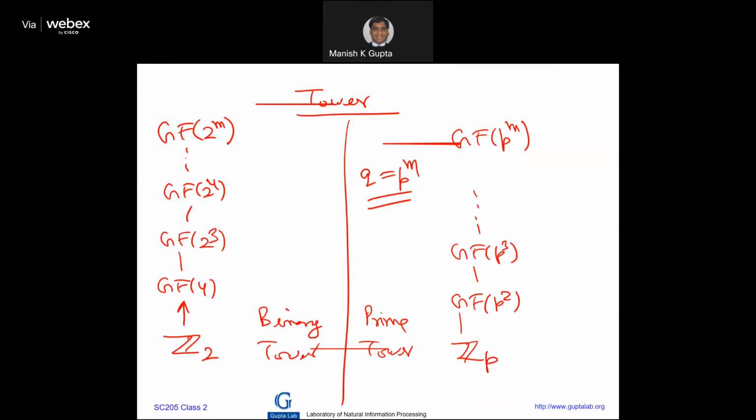Some people have asked me where to look at the material about these things, where to read. There is a very famous book, the Handbook of Finite Fields, about 1200 pages. Many things are still unsolved and very difficult.